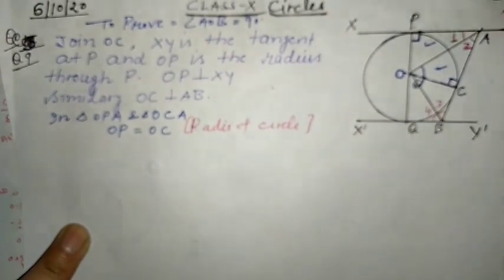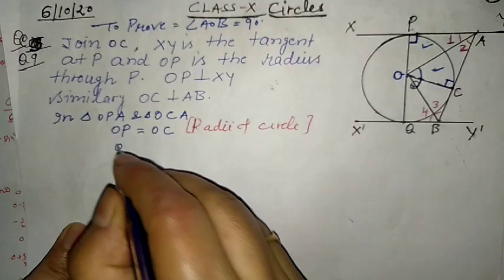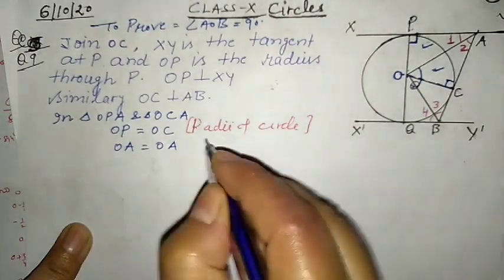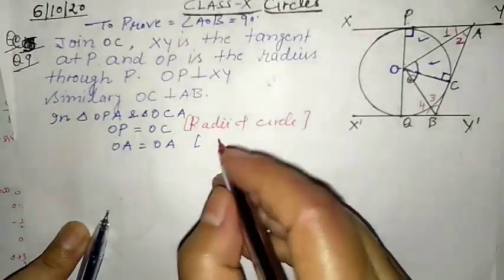Now what to do? Here OP is equal to OC. What is the reason here? The reason is that these are radii of the same circle. OA is common, so OA is equal to OA; we can write this as common.